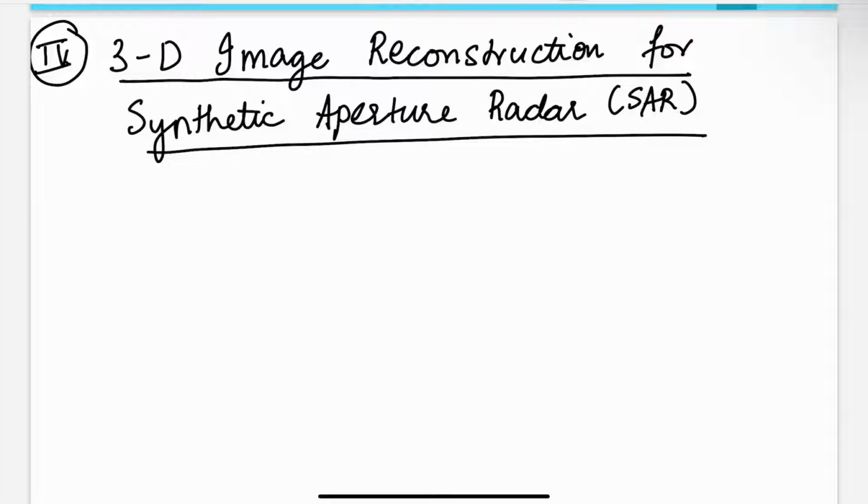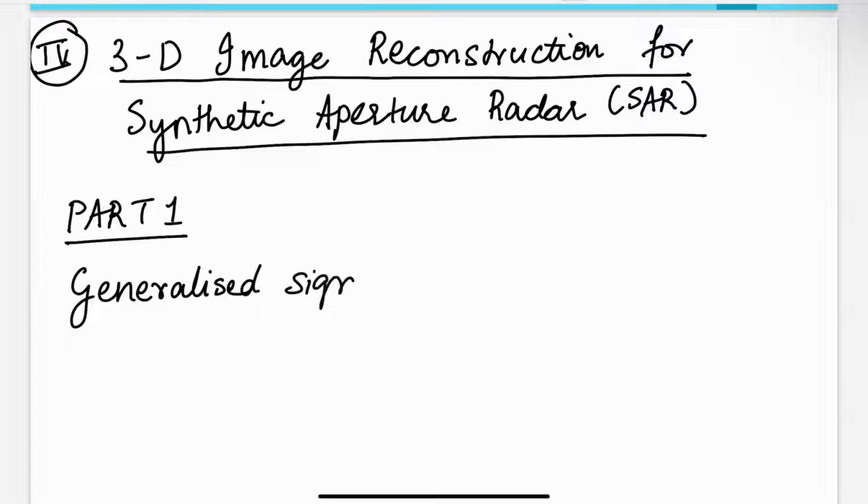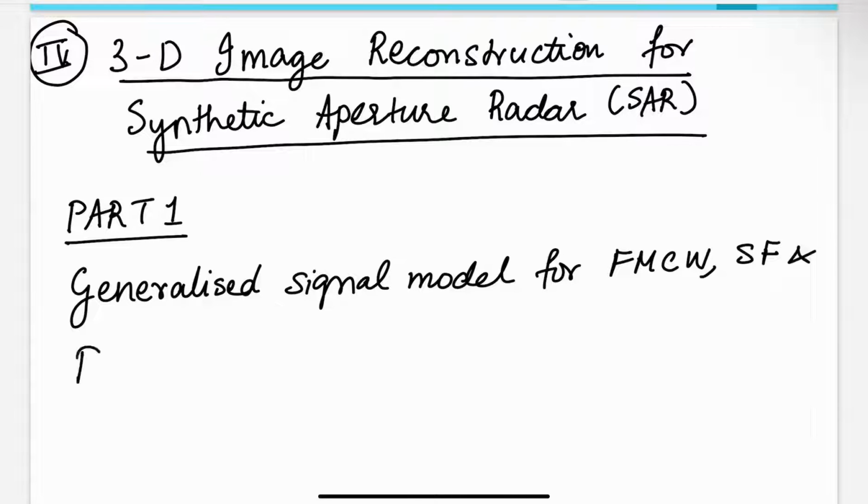So I will divide this into two parts or three parts, depending on how long it takes. So in part one, we will look at the generalized signal model for FMCW, step frequency, and pulsed radars.